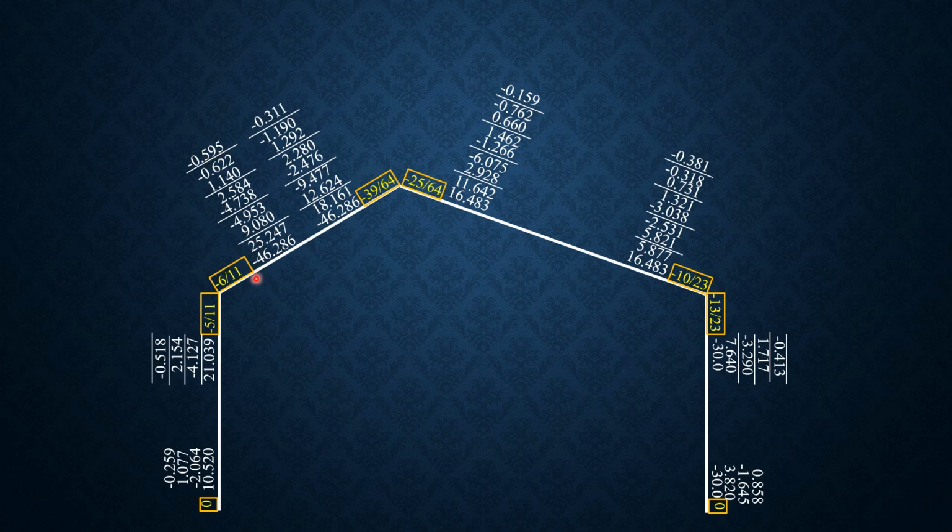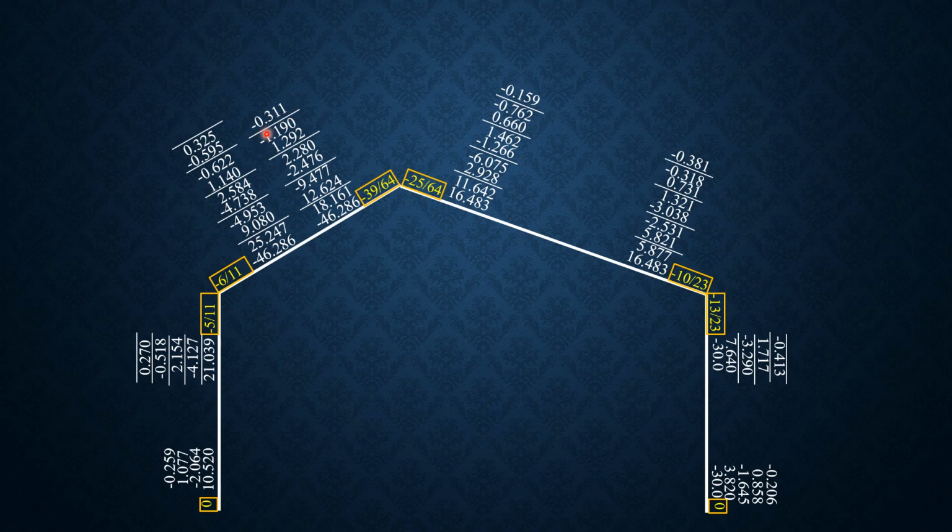Negative 0.595 times negative 6 over 11, 0.325 lakh. Negative 0.595 times negative 5 over 11, 0.270 lakh.